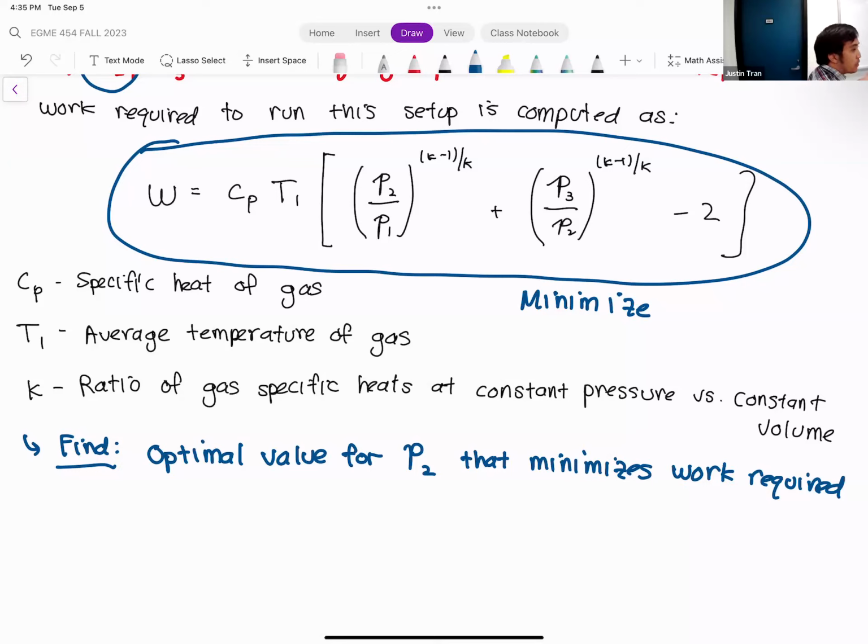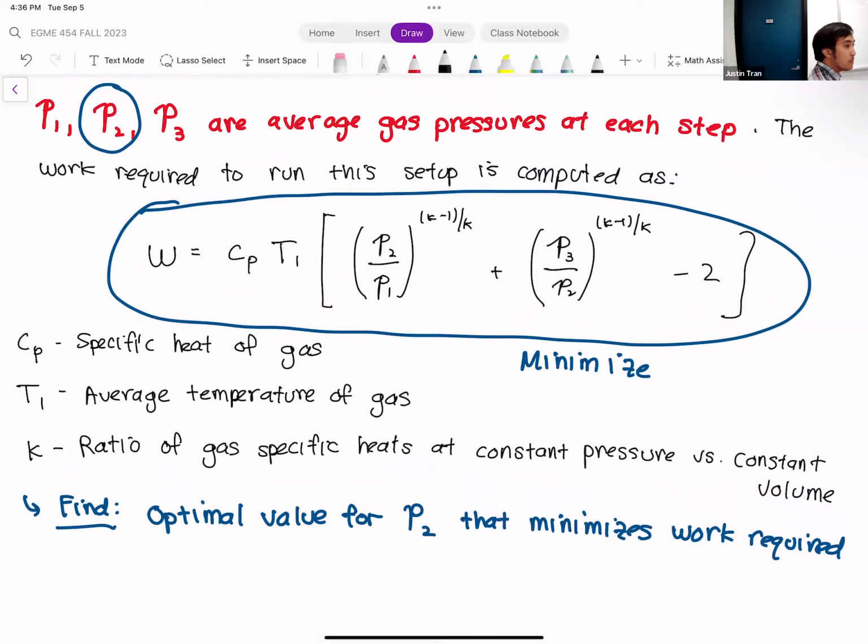So we're going to assume everything else is fixed in this problem. So P1, P3 are fixed, and all the thermodynamic properties Cp, k, T1 are all fixed. All right. Any questions on the setup for the problem?